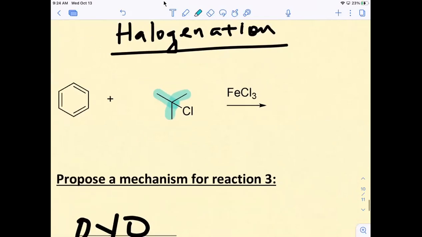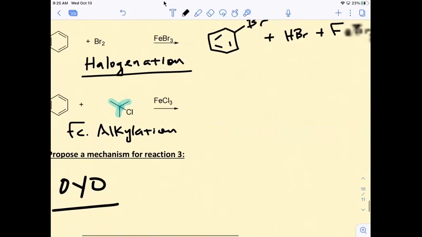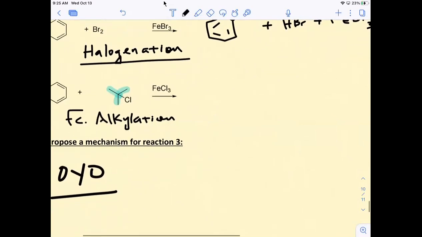That's exactly right. So when you have to predict a product of one of these types of reactions, that's what you're looking for. What am I going to add? In this case, this is a Friedel-Crafts alkylation. It's on a tertiary carbon. So what's the product from that?